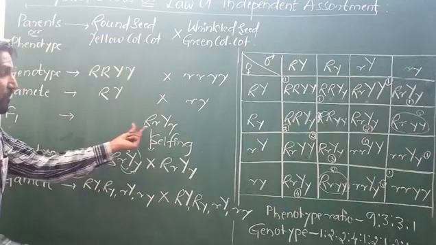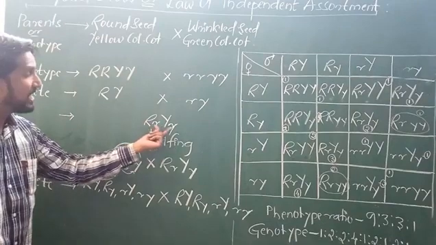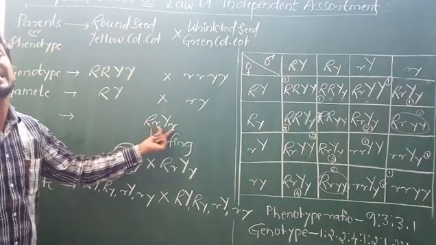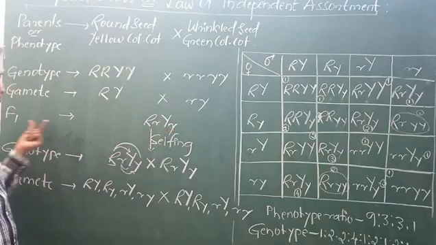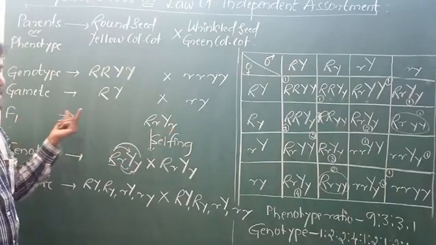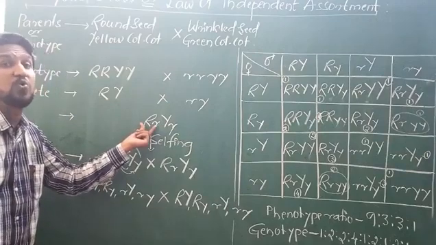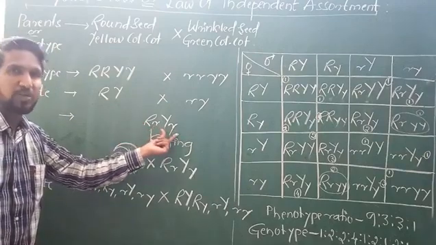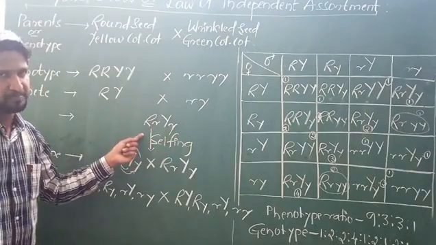In F1, all are round seed with yellow color cotyledon in heterozygous condition. This point is to be remembered. In the F1 generation, the organisms obtained are round seed coat with yellow color cotyledon in heterozygous condition.